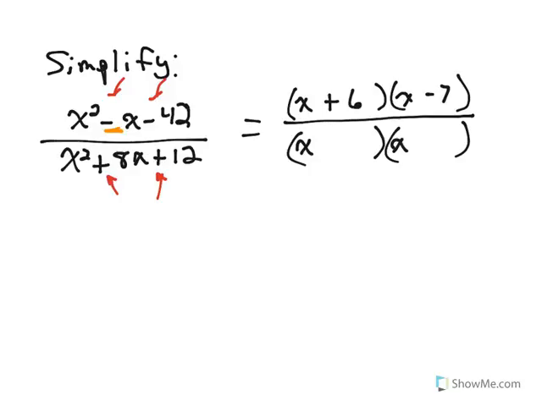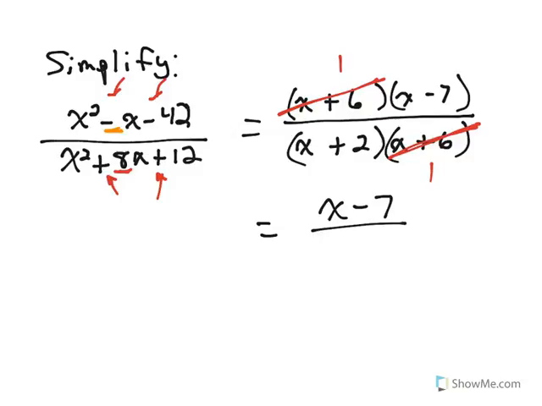Factors of 12 that when we add together give us an 8 in the middle are 2 and 6, both positive. Now we look at our factors and we see that we have an x plus 6 in the numerator and an x plus 6 in the denominator. They reduce out. And we are left with x minus 7 over x plus 2.